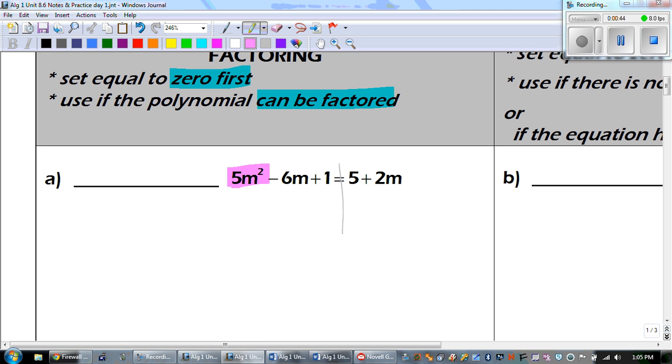The first thing I look at is my quadratic term. It's positive, so I want to move everything over to the left. So I'm going to subtract 5 from both sides, and then subtract the 2m from both sides. When we do that, we get 5m squared minus 8m minus 4 equaling 0.